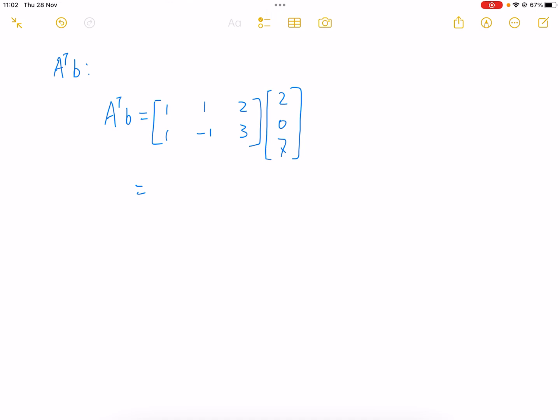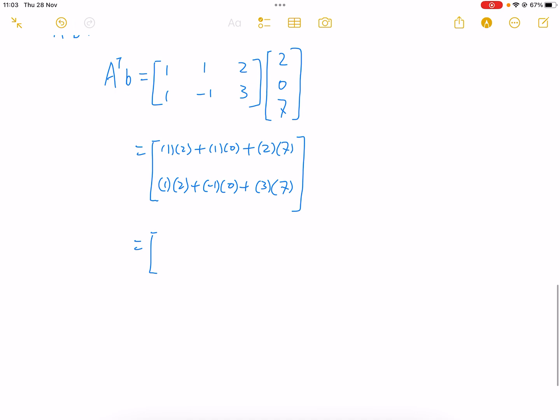First row times the column, we have 1 times 2 plus 1 times 0 plus 2 times 7, and 1 times 2 plus negative 1 times 0 plus 3 times 7. 2 plus 14 equals 16, and 2 plus 21 equals 23. Okay, this is the result for A transpose times b.